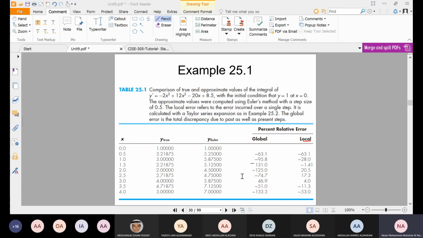We take the true value minus the estimation, over the true value, so this will give us minus 63.1. After that, to compute 95, we take 3 here, the true value, minus the estimation over the true 3. So this will give us minus 95.8. We do it for all the steps.